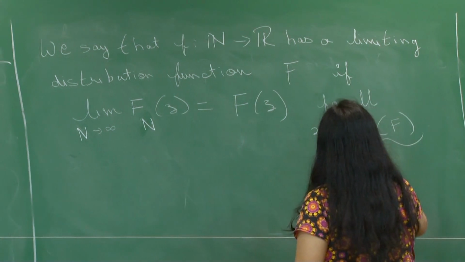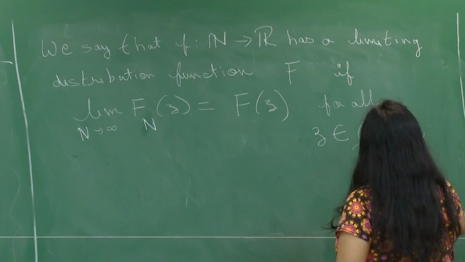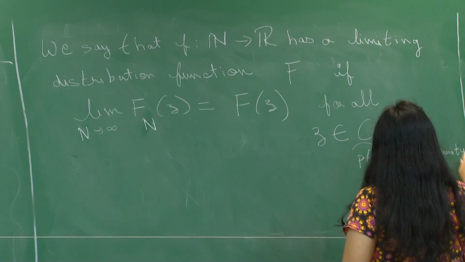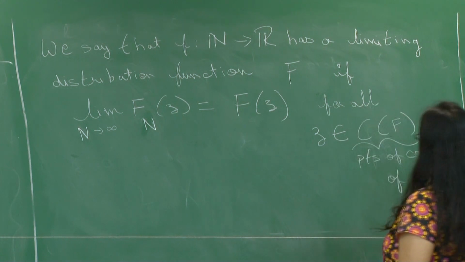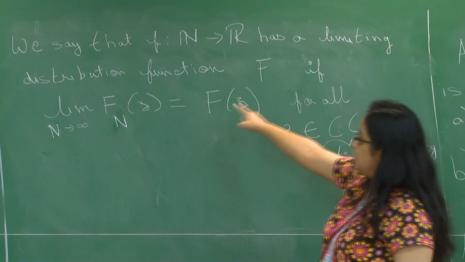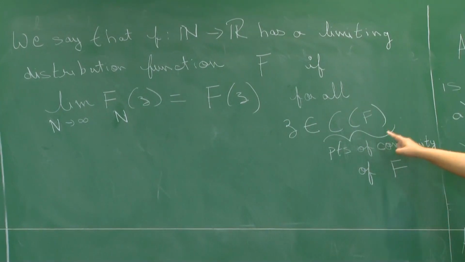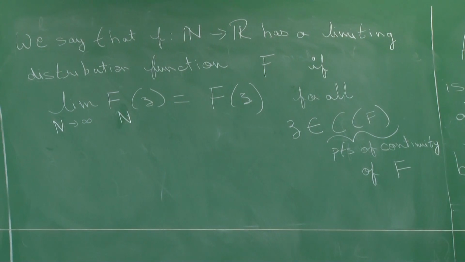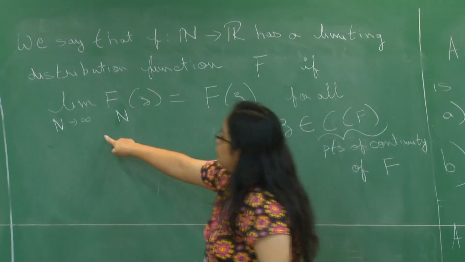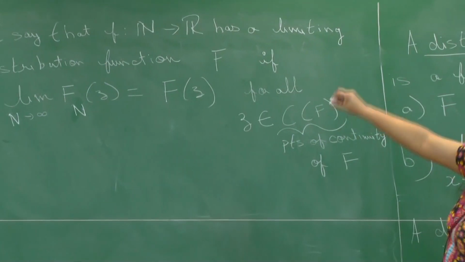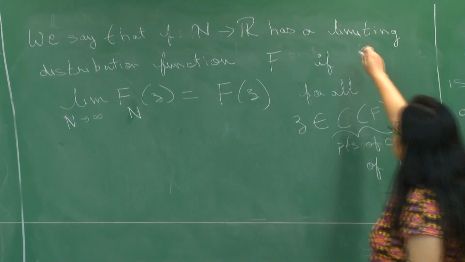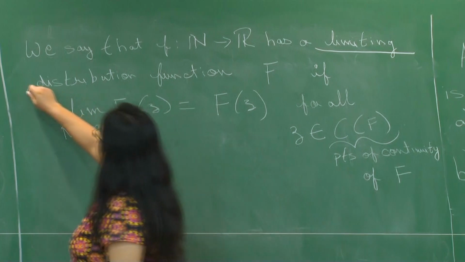All points of continuity of F. So, if such a function exists such that the limits of these capital F sub N's match this function F, at the points of continuity, though capital F need not be continuous everywhere, then we say that your arithmetic function that you started off with has a limiting distribution function.